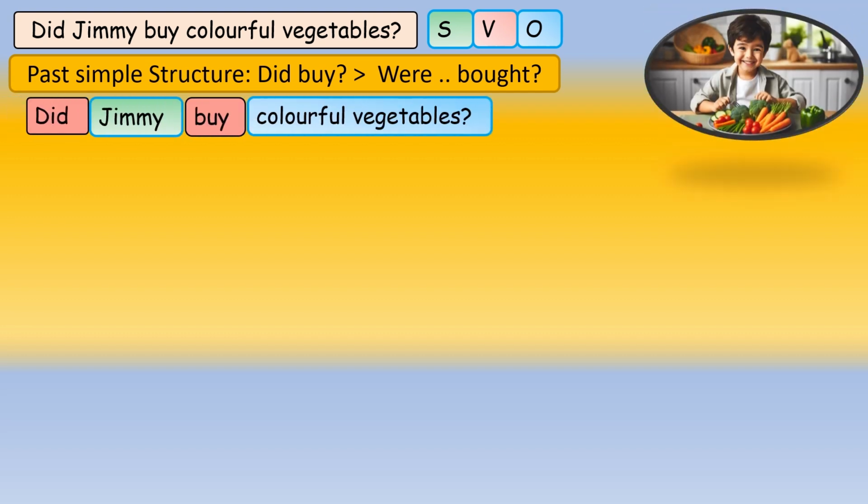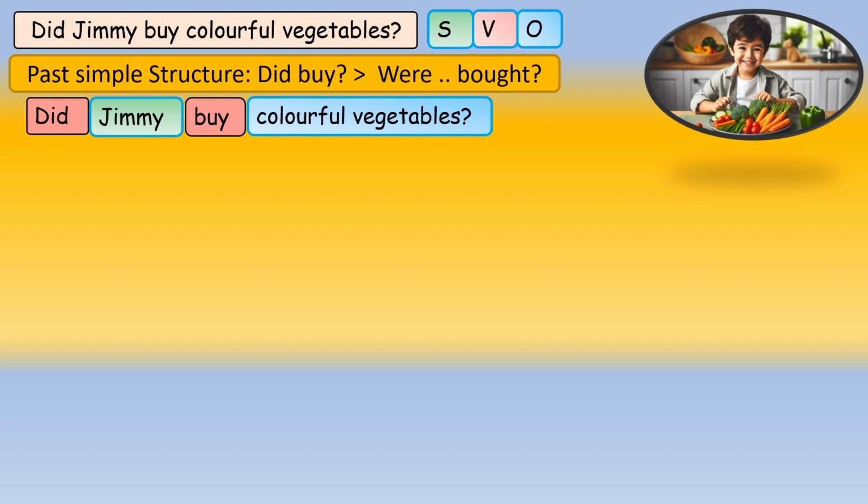If you have difficulty finding subject, verb and object in an interrogative sentence, just change it for the exercise into a statement. Jimmy bought colorful vegetables. So Jimmy is subject. Did buy here, or bought if it's a statement, will be the verb, and colorful vegetables will be our object. And that is the active sentence.